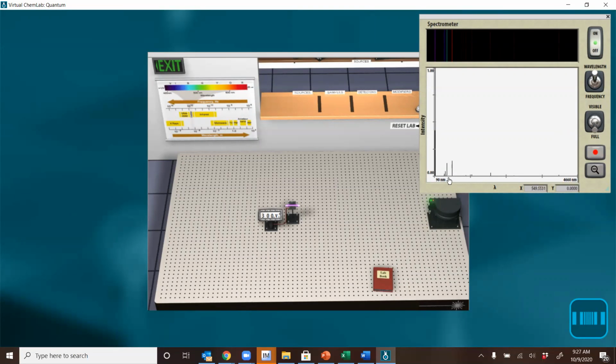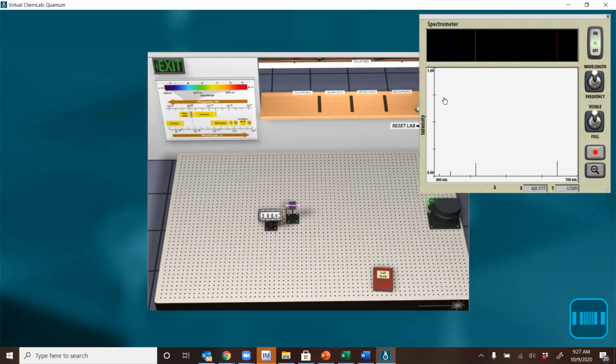Right now we can see a number of different wavelengths where we get light back, but if we magnify just the visible part of the spectrum, then it's pretty easy for us to see those 4 different lines, although one of them is pretty dim. Can you see this line right here? That one's pretty dim, but the other 3 are a lot easier to see.